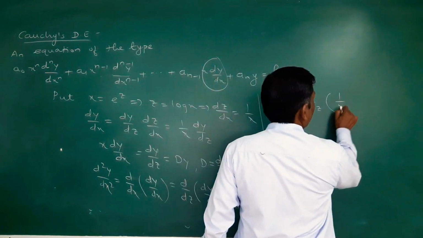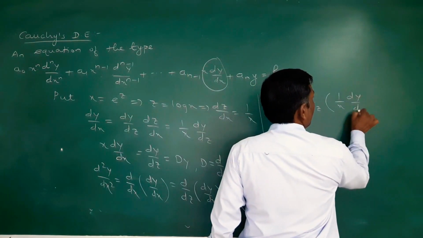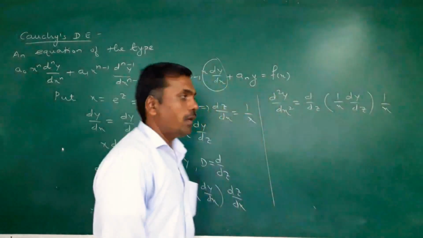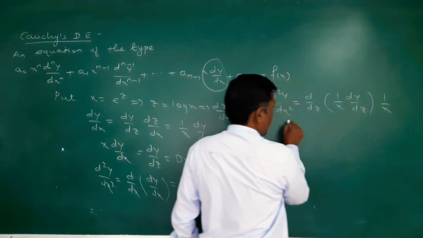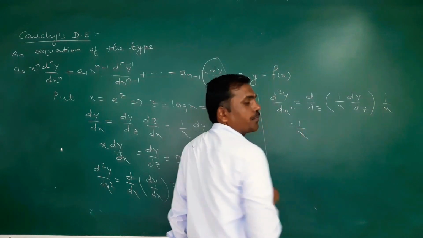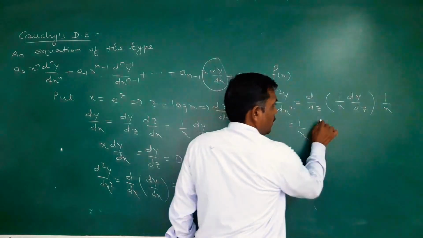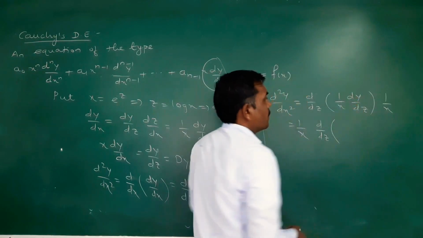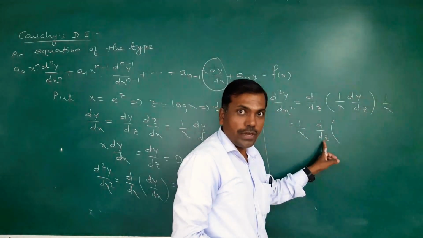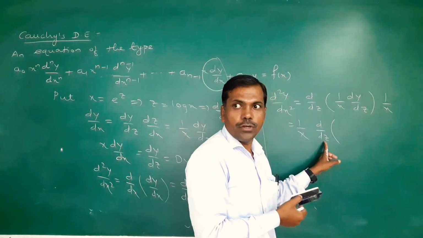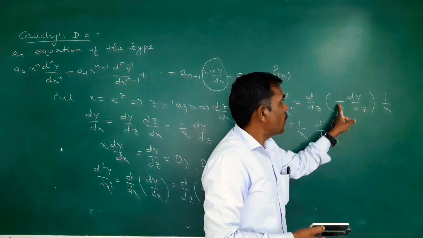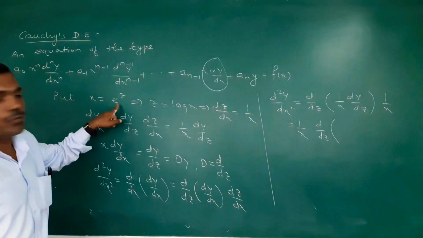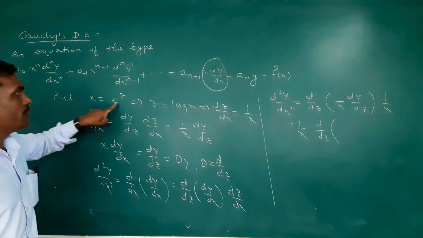Right? So the last 1 upon x I can write as it is, 1 upon x. Here, d by dz of 1 upon x, but the derivative is with respect to z, so I don't want this x. Instead of x we write e raised to z, since the value of x is e raised to z.